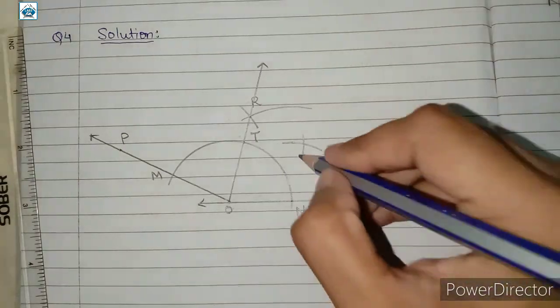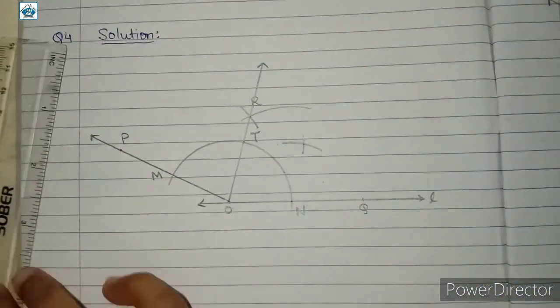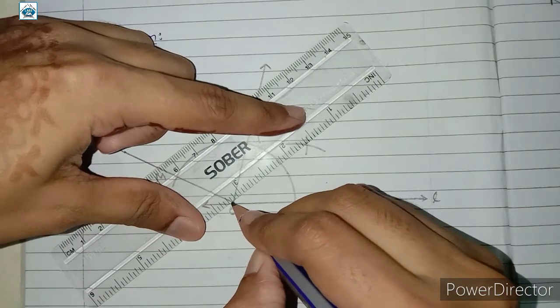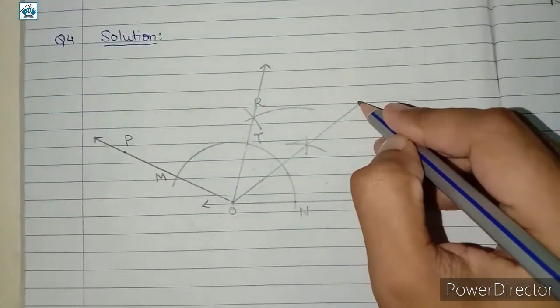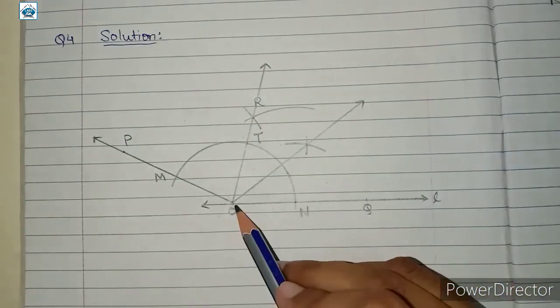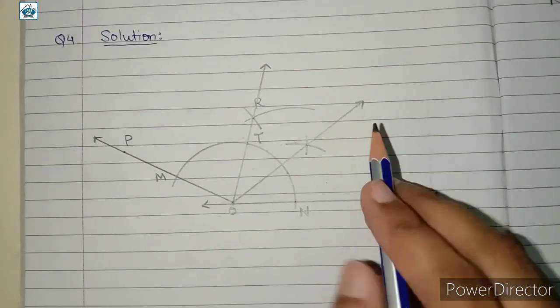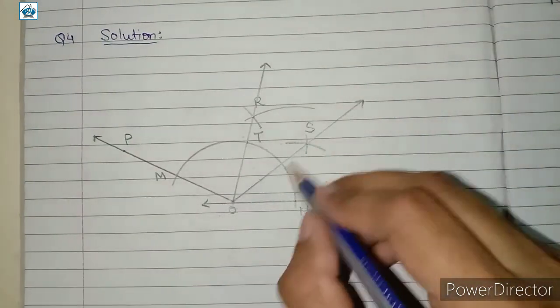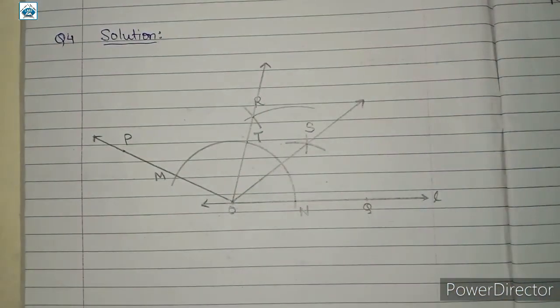Over here I have the point of intersection, so let me join these 2 points. So here this is the bisector of this angle ROQ.